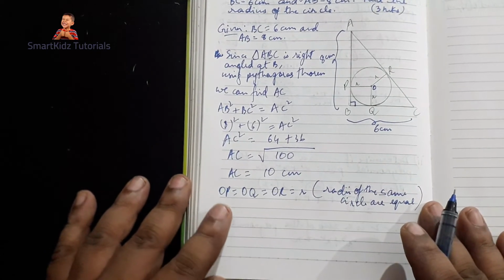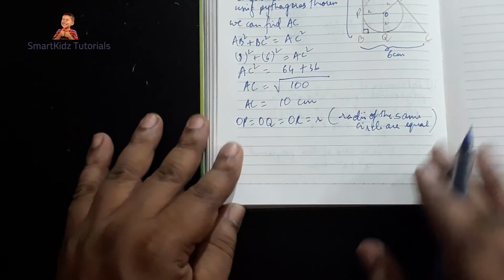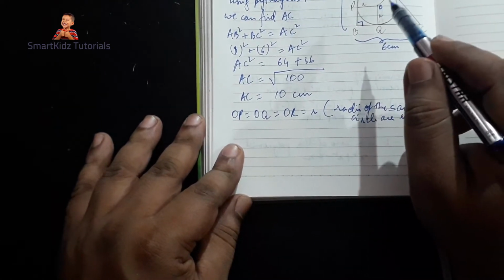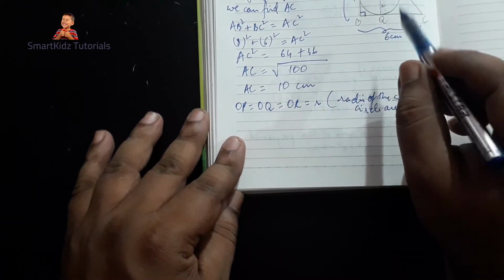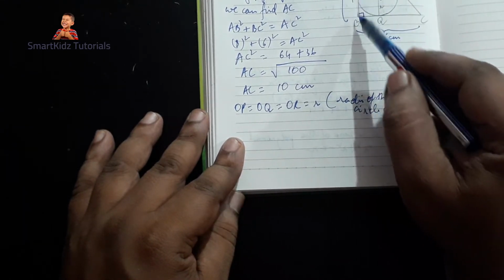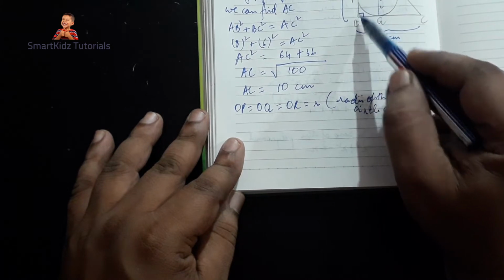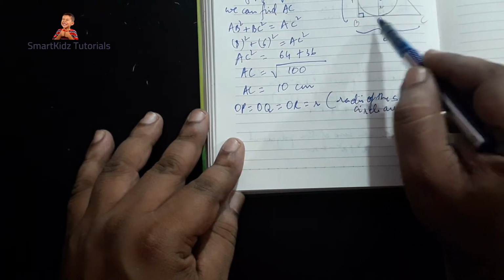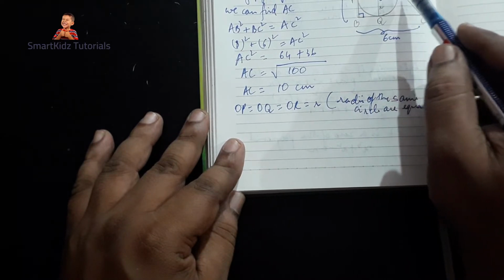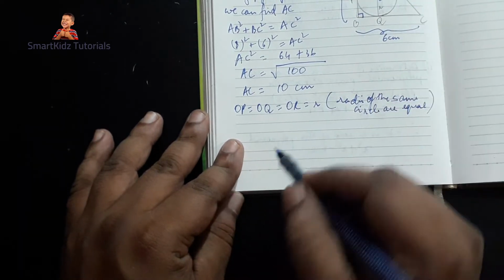Also over here we need to see that two tangents drawn from an external point to a circle are equal in measure. You see these are tangents, BP, BQ, meeting over here. Similarly you have the others, so we'll write them down first.